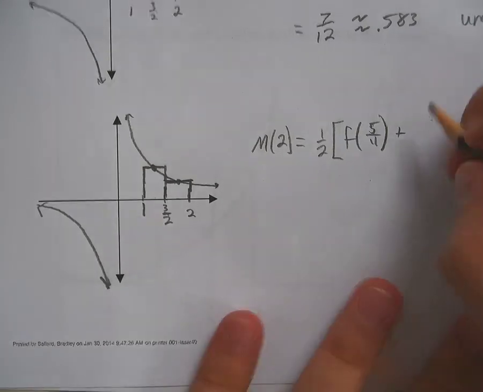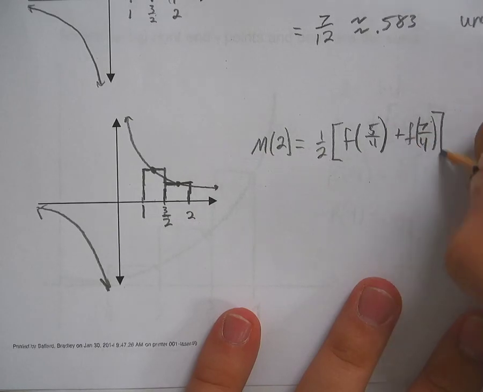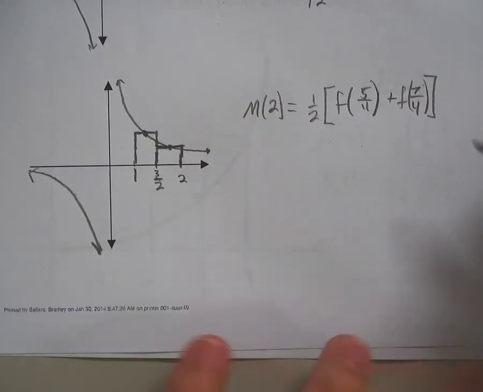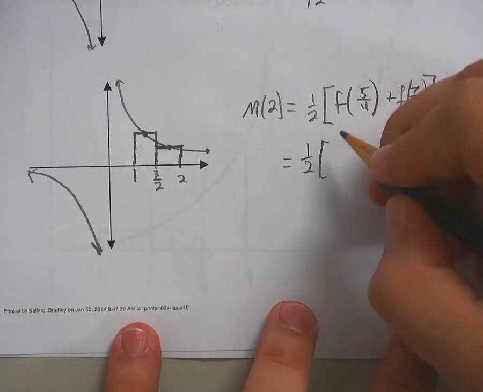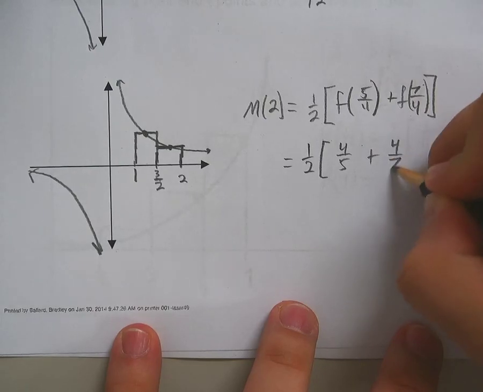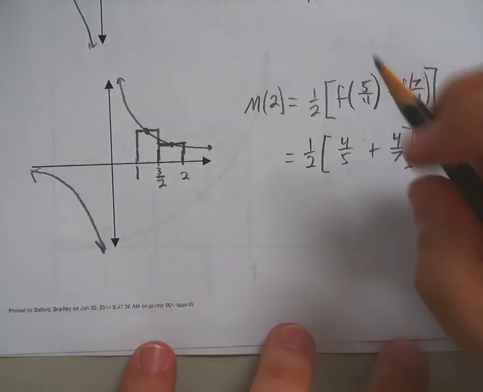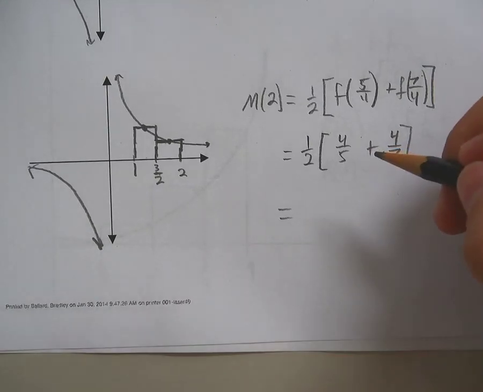It'll be 1 3/4, 7/4. So I'm going to go through and do this just very quickly here. This is going to be 4/5 plus 4/7.